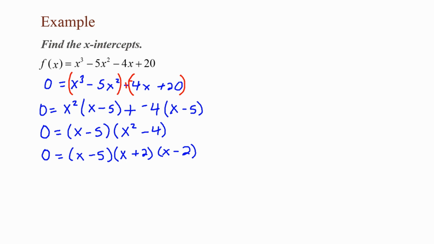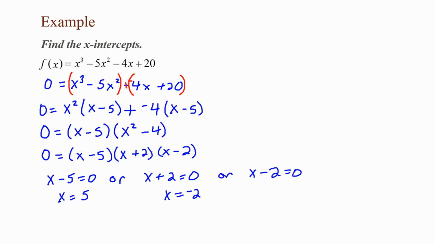Setting each of them equal to 0, x minus 5 equals 0, so x equals 5, or x plus 2 equals 0, so x equals negative 2, or x minus 2 equals 0, adding 2 to both sides, x equals 2. So we can check this by using our calculator.